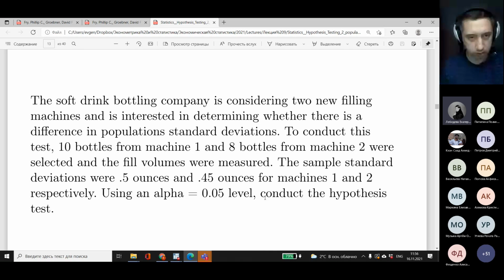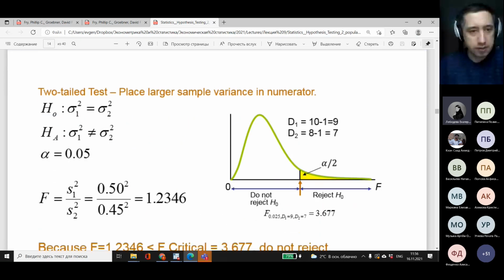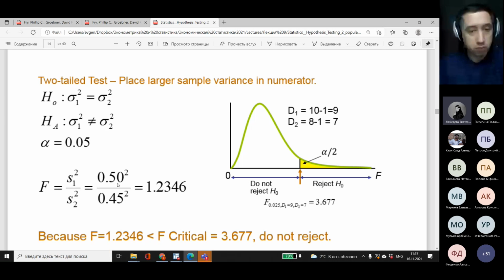Your textbook tells us that we have to rely on variances and compare variances. Hence, our statistical hypothesis is: the first sigma squared equals the second sigma squared, or these sigma squared are different. You know that 0.5 is larger than 0.45, hence you have to put 0.5 in the numerator and 0.45 in the denominator.